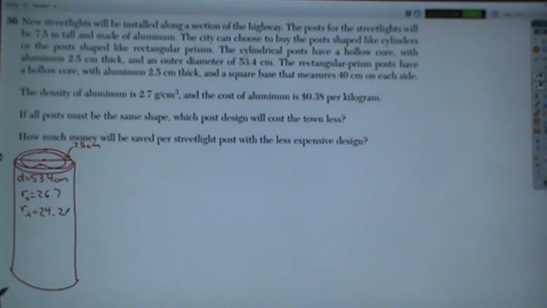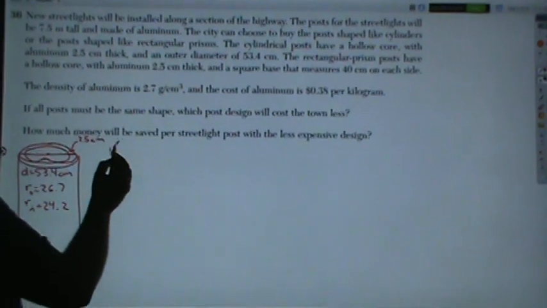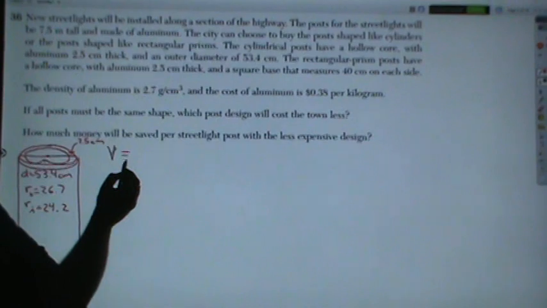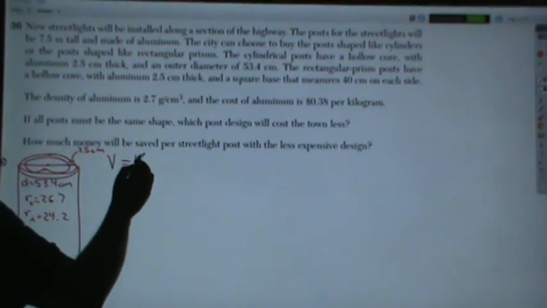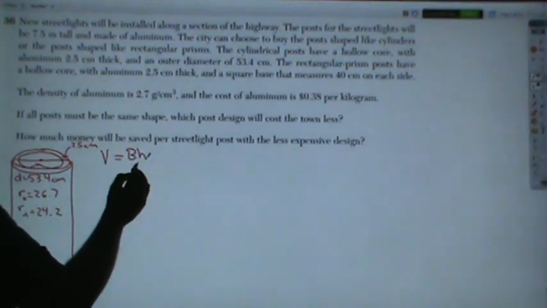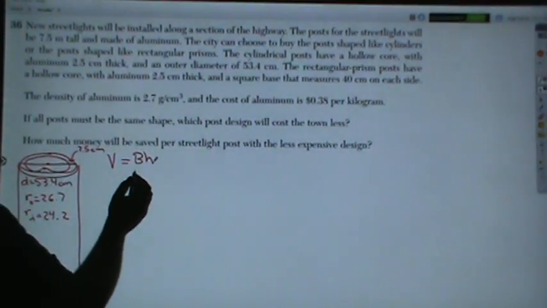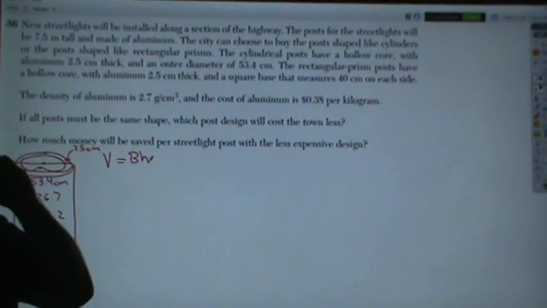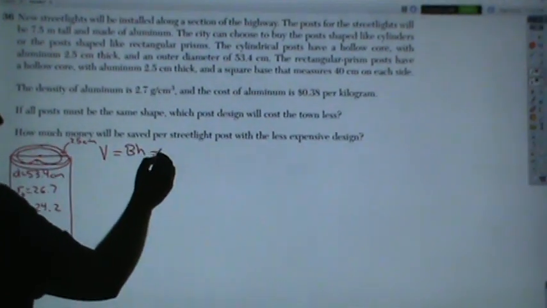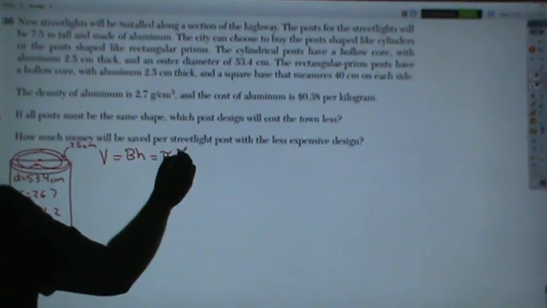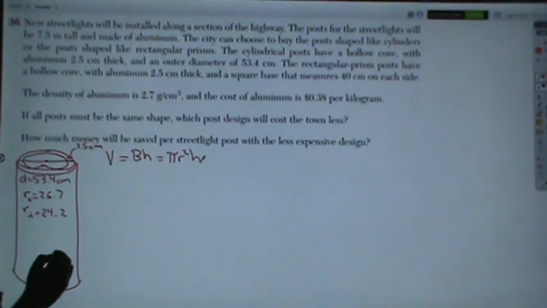So for the volume of a cylinder, that's equal to the area of the base times the height. No divided by, because there's two bases. Area of the base times the height. So the base is a circle, so we're going to put in pi r squared in for the area of the base times the height.